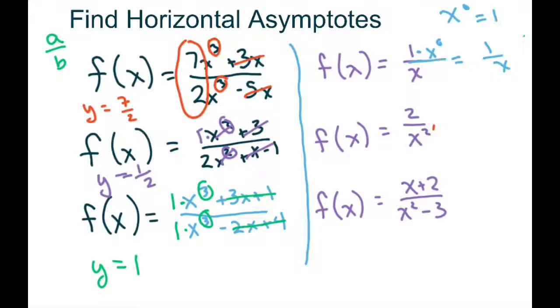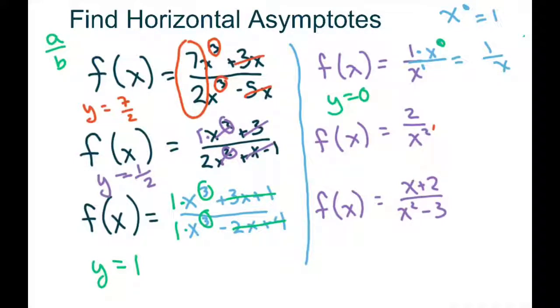However, this one is the degree is 1. So if the degree in the numerator is smaller than the degree in the denominator, then that would mean that it's automatically y equals 0. That means it goes right on the x-axis, the horizontal line.